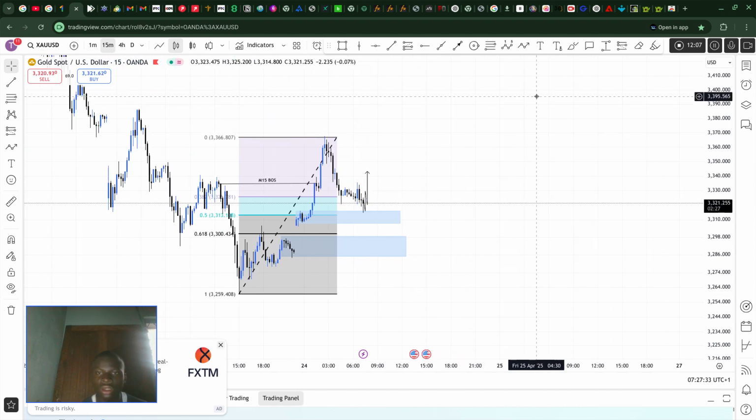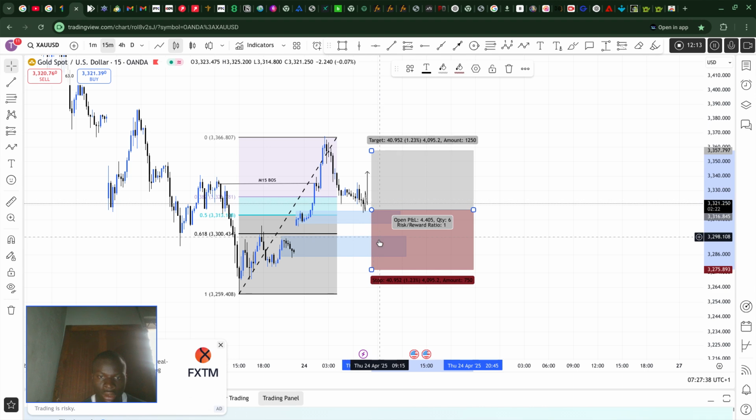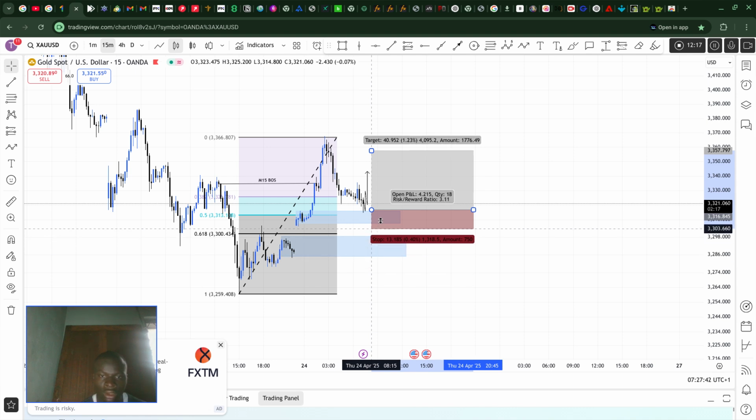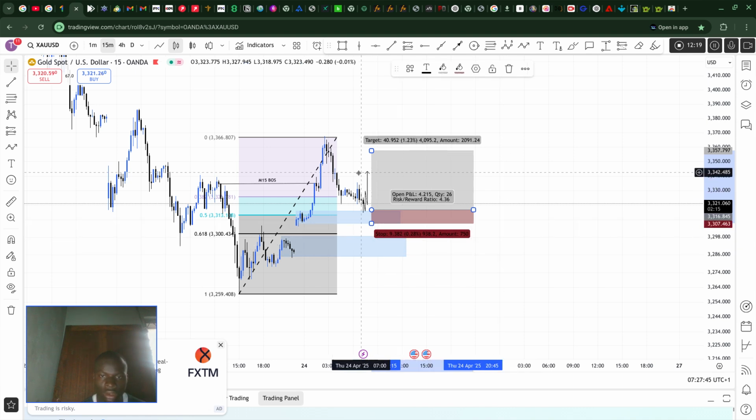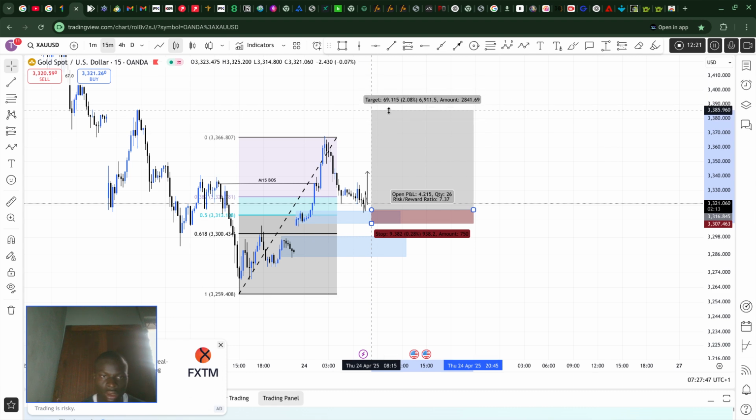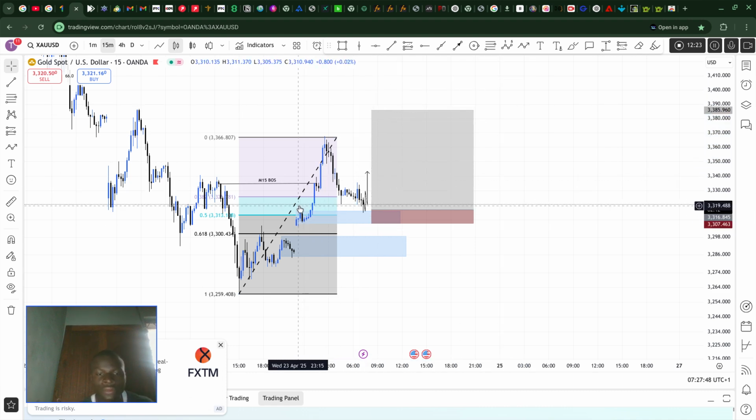And we can actually put our long position to this point here. So what is our PD range? Our PD range here.